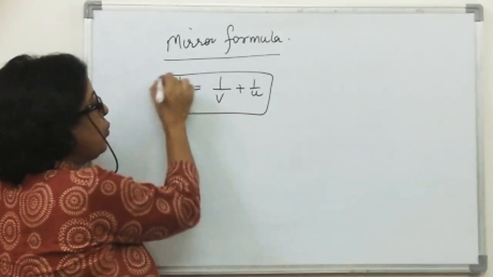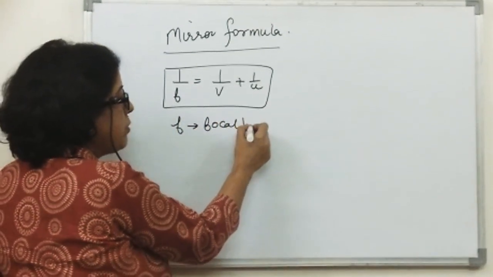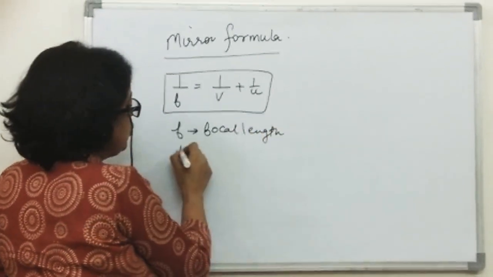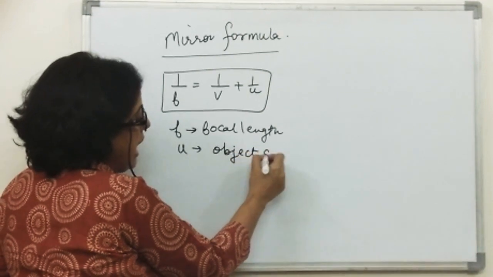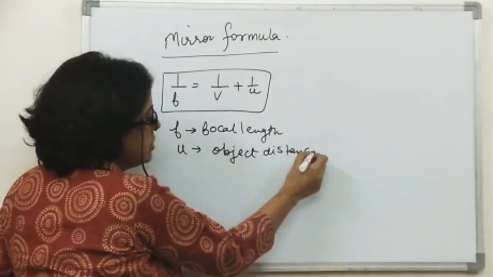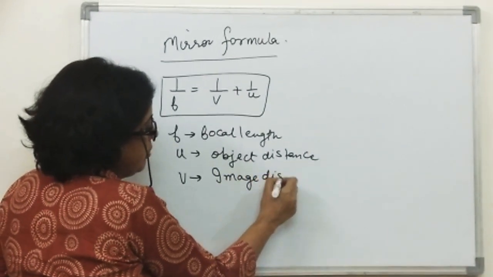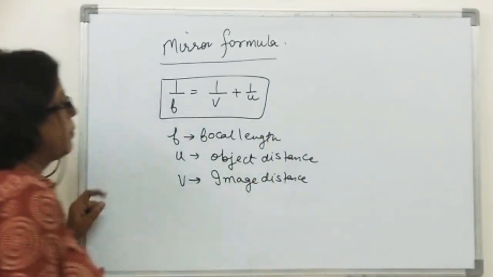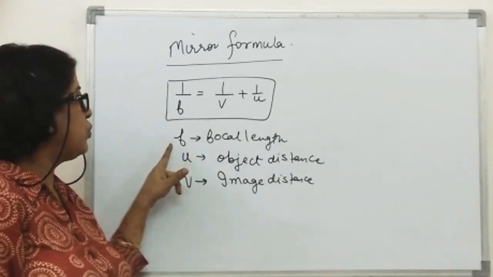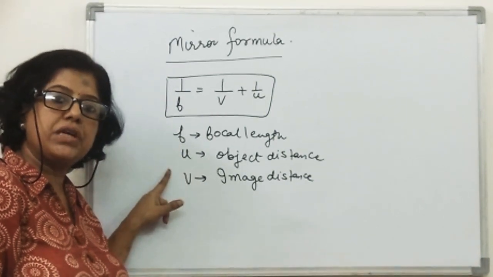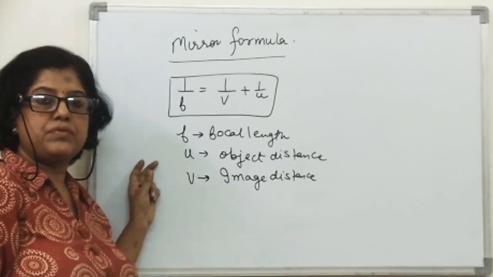So it relates v, u and f, where f stands for the focal length of the mirror, u stands for object distance, and v stands for image distance. The mirror formula relates f, u and v, and the formula is 1 by f = 1 by v + 1 by u, where f is the focal length of the mirror, u is the object distance, and v is the image distance, which are always measured from the pole of the mirror as we have just discussed.